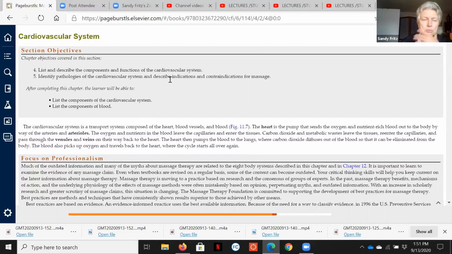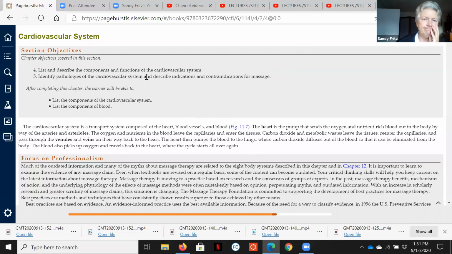Now, some of these structures are close enough that we may be able to have a direct effect. Some of them are responsive to changes in the neurochemical response. So like if we rub the skin and it gets red, that's a histamine response, which is a vasodilator, which is going to increase the diameter of these vessels so they can get bigger.